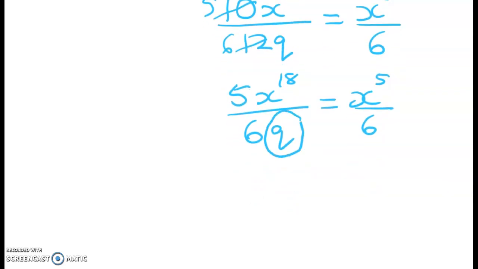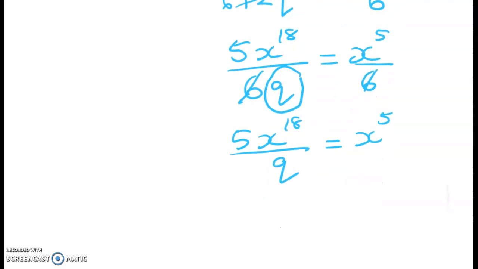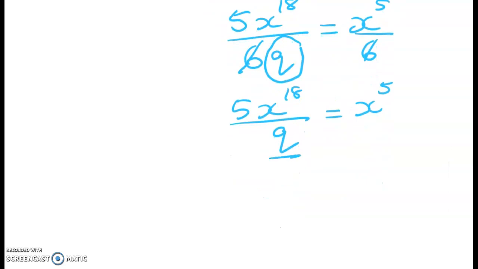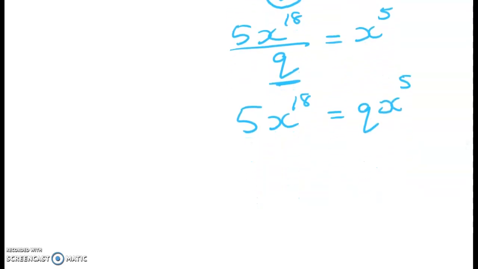What do I need to have for this to match up? Well, I can multiply both sides through by 6. So now we've got 5x to the power of 18 divided by q is equal to x to the power of 5. I'm going to multiply both sides by q, and we'll have 5x to the power of 18 is equal to q times x to the power of 5.